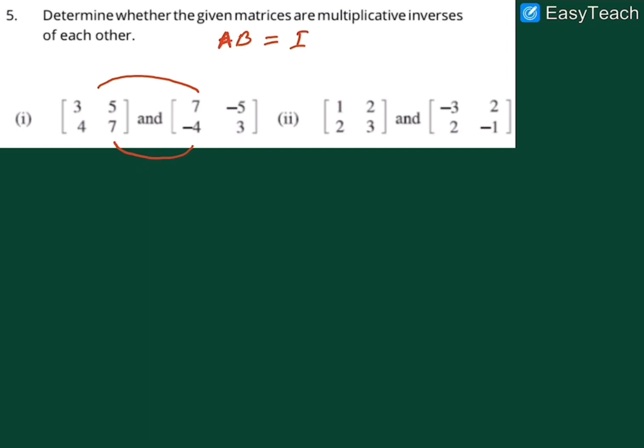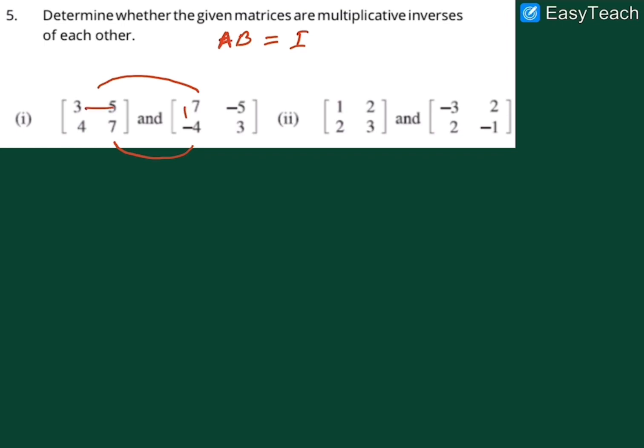Then these matrices will be multiplicative inverses of each other. So we will just multiply and prove that the identity matrix is coming. Once we get the identity matrix, it means these two are multiplicative inverses of each other.